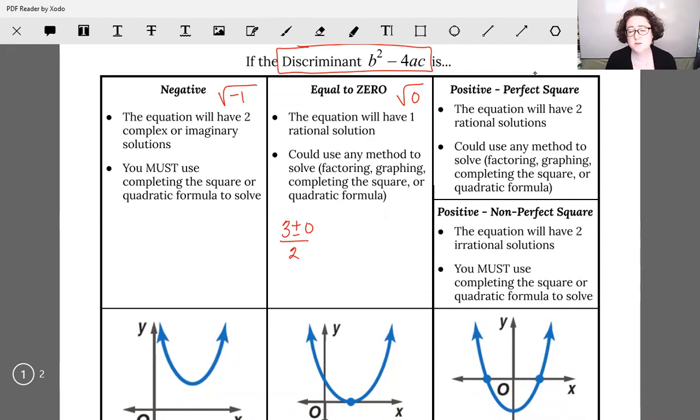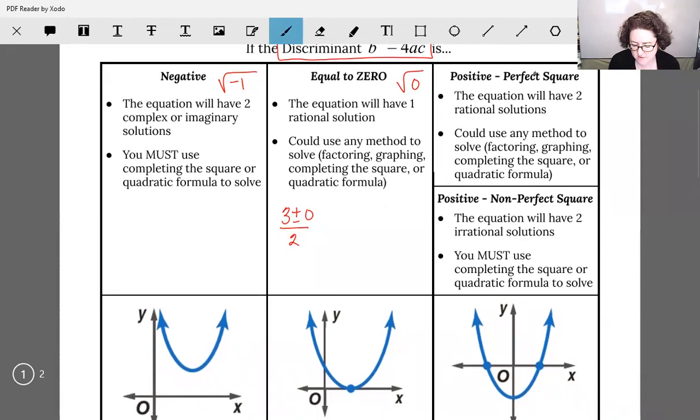These are the scenarios where, if you see the graph below, we only have that one x-intercept, where our parabola hits the x-axis and bounces right back up. When that happens, we could use just about any method. This is probably something you could solve by factoring. You could solve it by graphing and looking for that x-intercept.